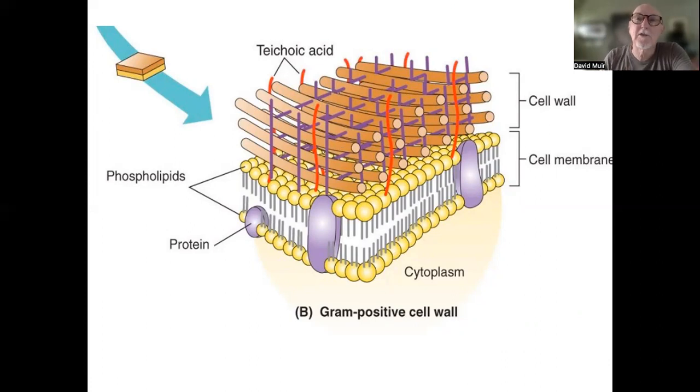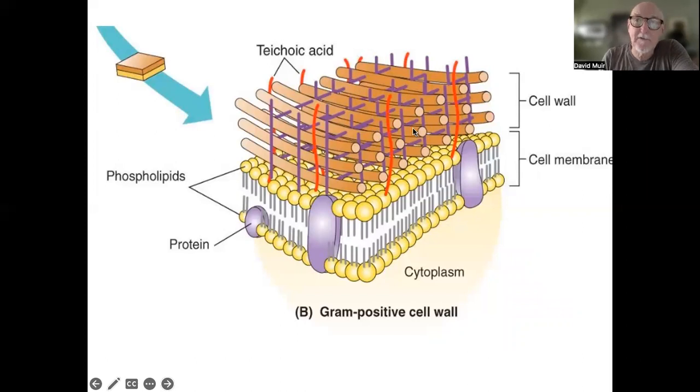So here's the thing to note about the gram-positive cell wall. First of all, it is a thick layer of peptidoglycan that is tied to the cell membrane by teichoic acid. And all of the peptidoglycan rods that you see here are all tied together with protein.